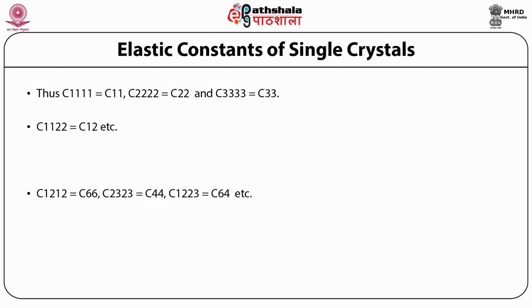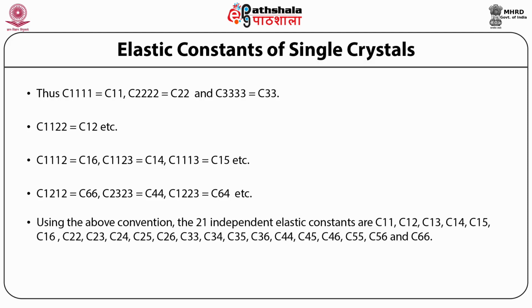C1122 equal to C12, C1112 equal to C16, C1123 equal to C14, C1113 equal to C15, etc. C1212 equal to C66, C2323 equal to C44, C1223 equal to C64, etc. So using the above convention, the 21 independent elastic constants can be written.